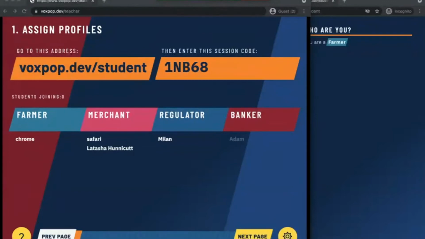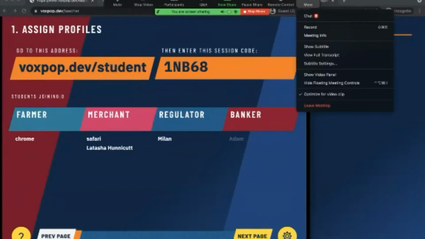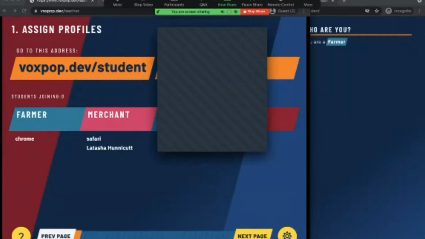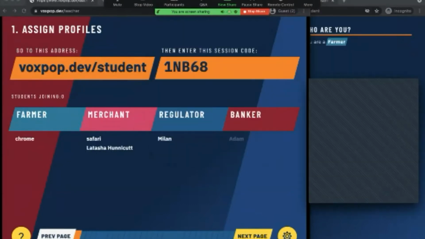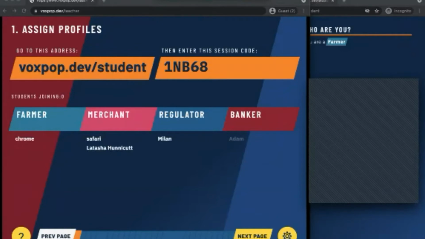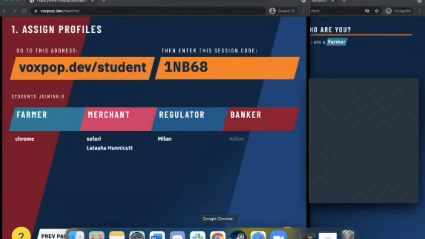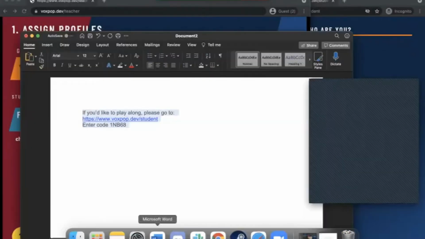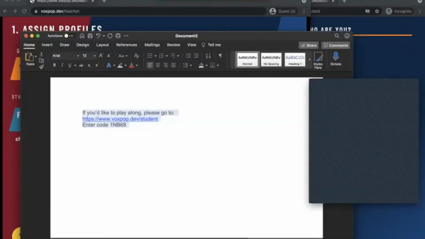Incredible. So if you'd like to play along as we go, you can join the URL that's shown on that screen. This is the teacher display, so this would be projected on the class projector or smartboard while students log in on their individual devices. I'll also post the information in the chat.